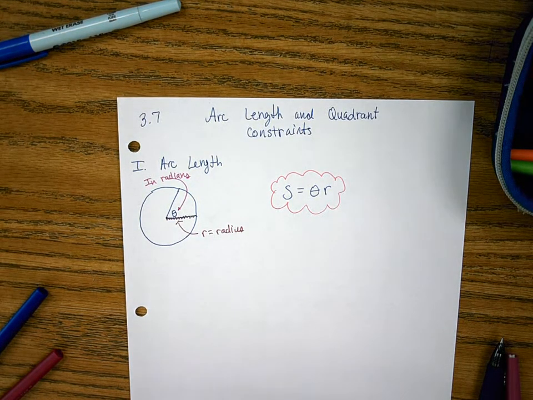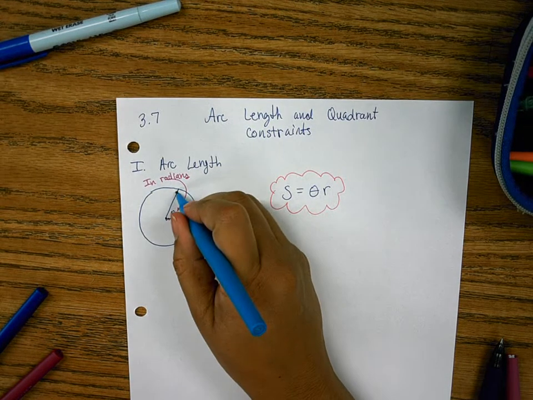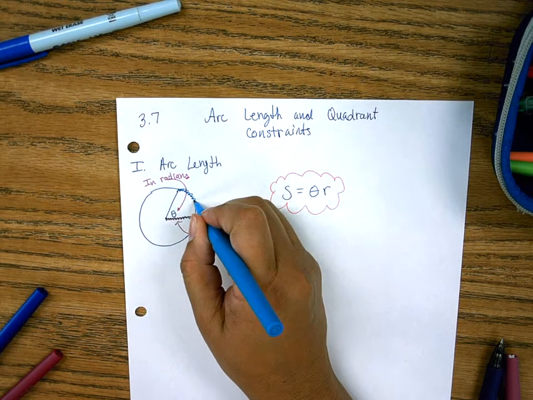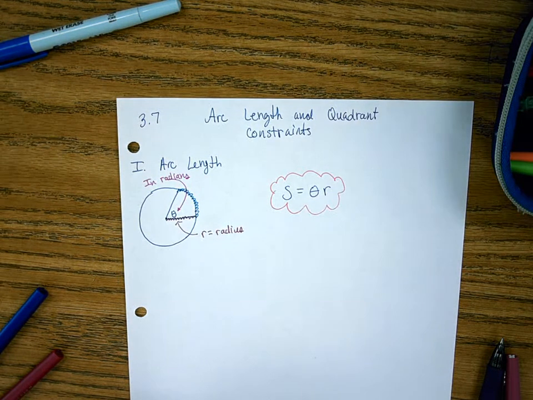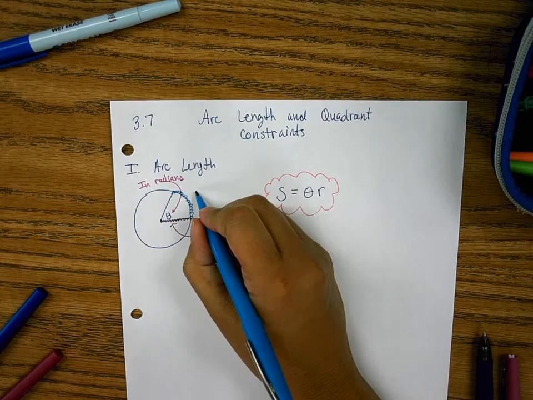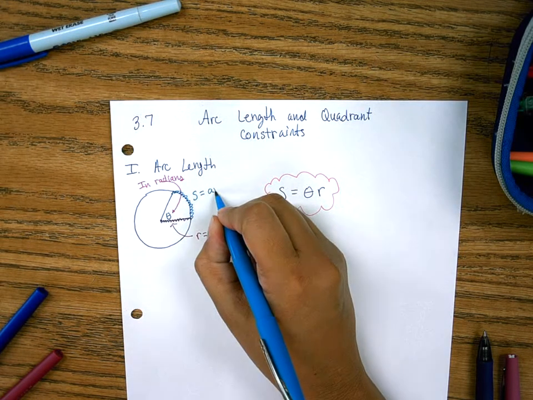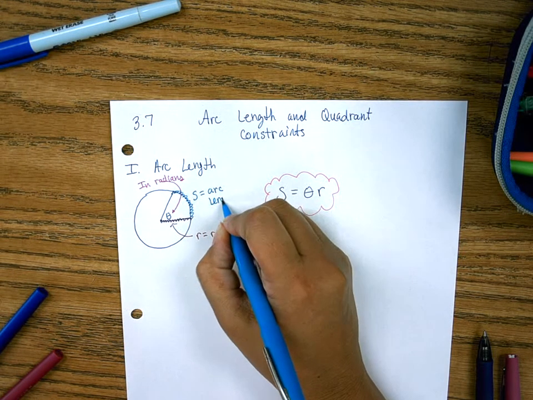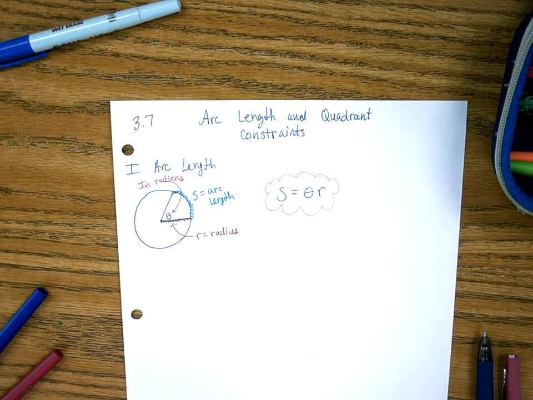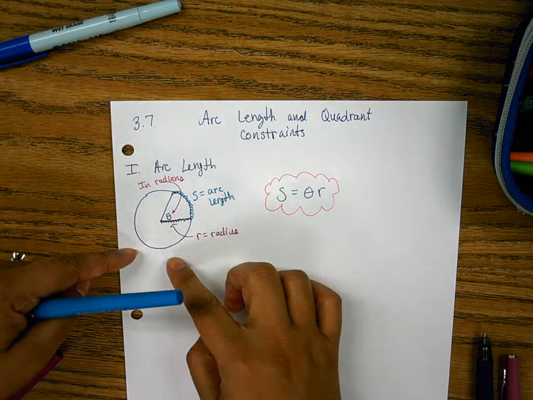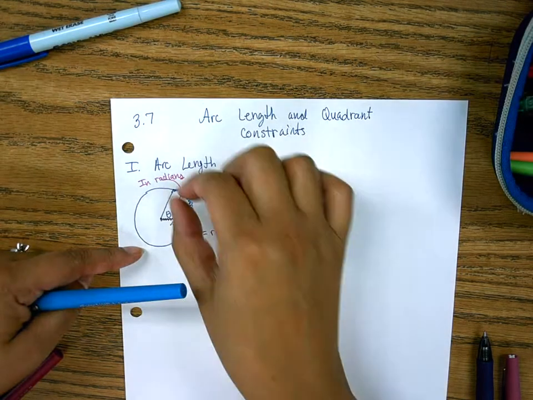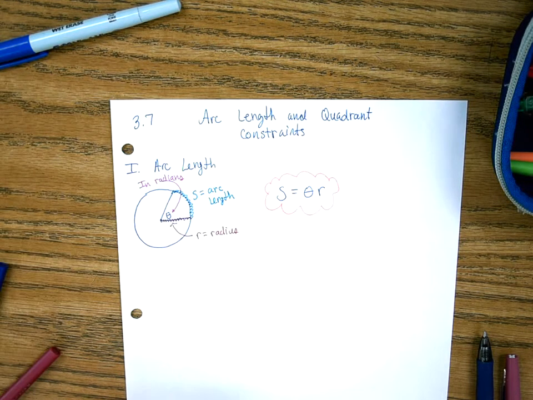And what does S represent? This is the S right here, and it's something you learned in math too. S is the arc length, not the arc measure, the arc length. It's like getting a piece of the circumference and just snipping off this little piece, laying it out and measuring it.